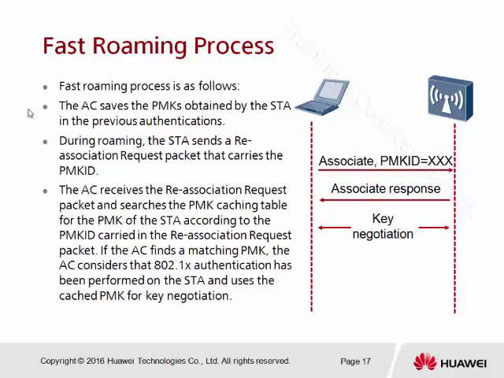During the roaming, the STA sends a reassociate request packet that carries the PMK ID. Okay, this is the PMK ID. So when the new AP receives this PMK, it will know this PC has previously already passed the authentication from the 802.1x, so it doesn't need to do the authentication anymore.